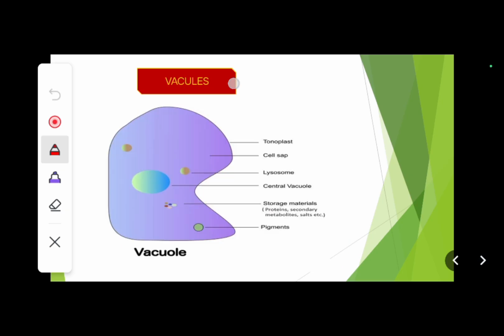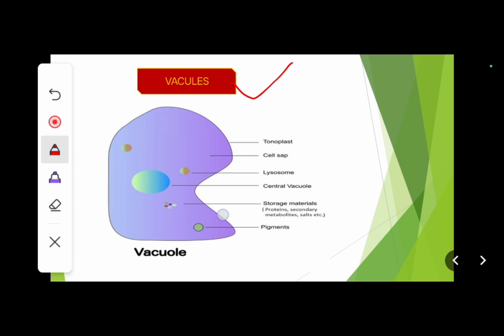And then another important organelle is known as the vacuole. Generally such big vacuoles are present in plants. But when it comes to animals, they don't have such big vacuoles. They contain only very small vacuoles.